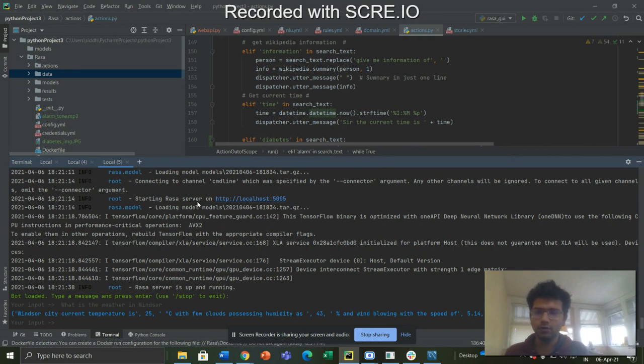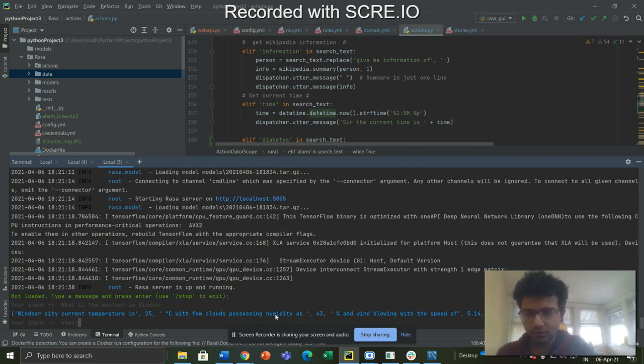The chatbot engine will search open weather data, and it will extract some important information related to the weather of the city. So Windsor city's current temperature is 25 degrees Celsius with few clouds, humidity as 43%, and wind blowing with a speed of 5.14 kilometers.